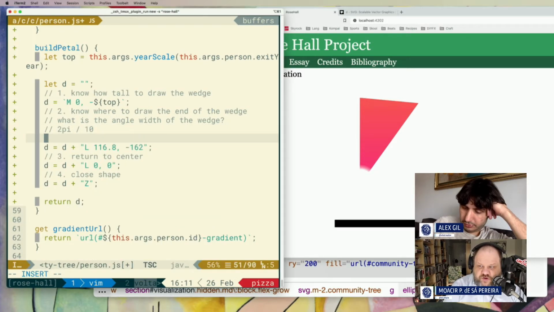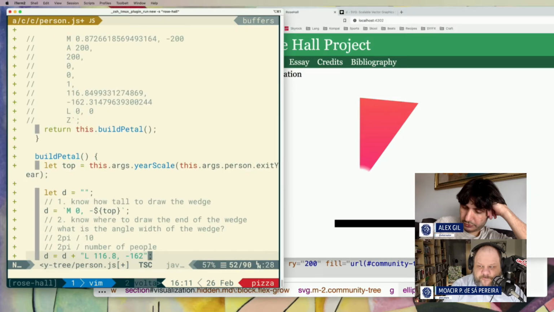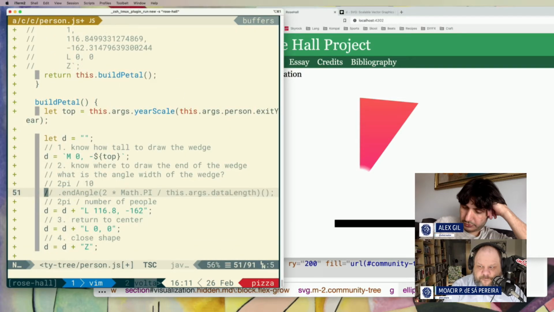In other words, that's going to end up being 2 pi divided by the number of people, eventually, when we turn it into math. So let's grab what that looks like.